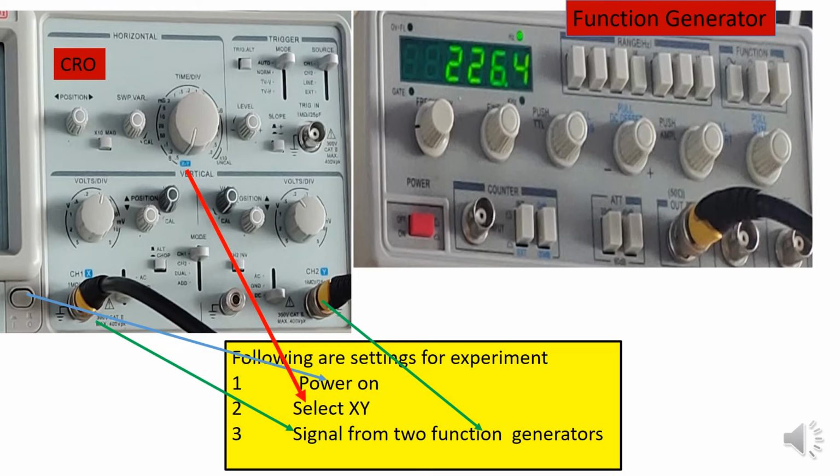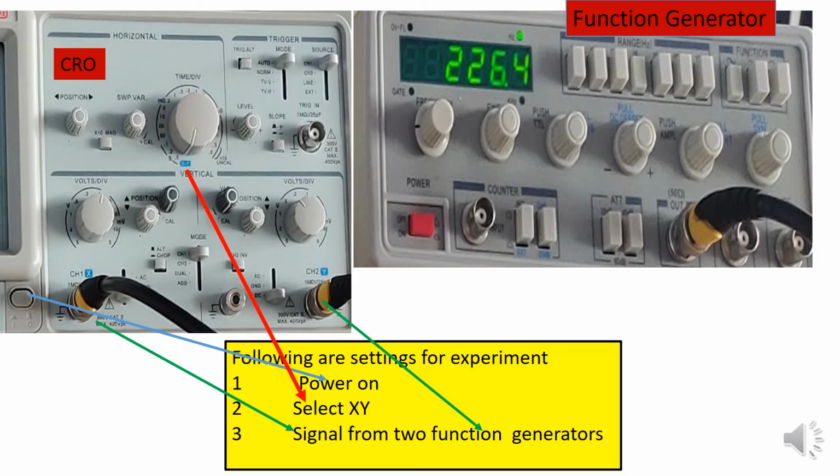You can see here the most important setting, and this should be at XY, because we are taking two signals together. So XY you have to pick.